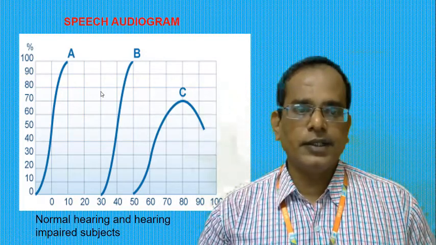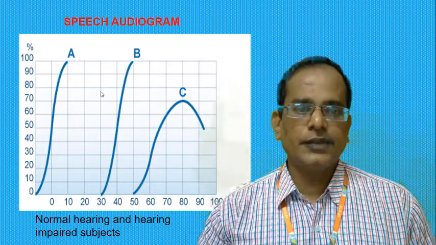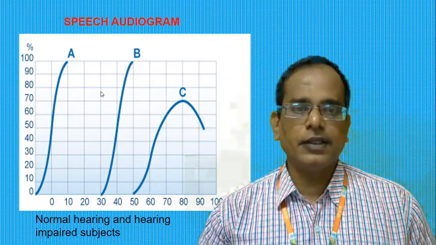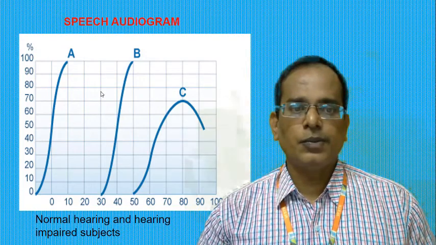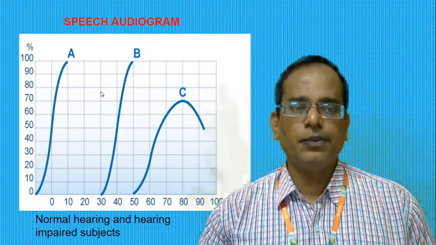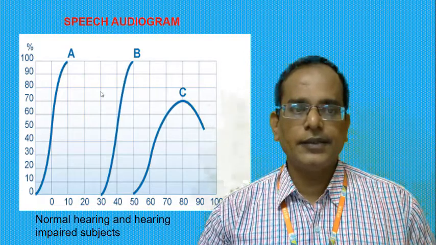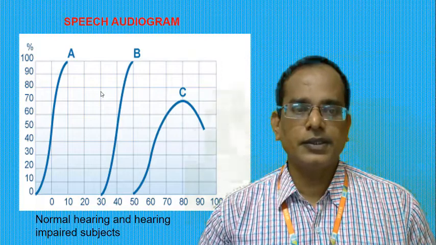They will tell the words at different decibel levels using phonemes. With the help of phones, they have to identify the words. This curve varies from person to person.